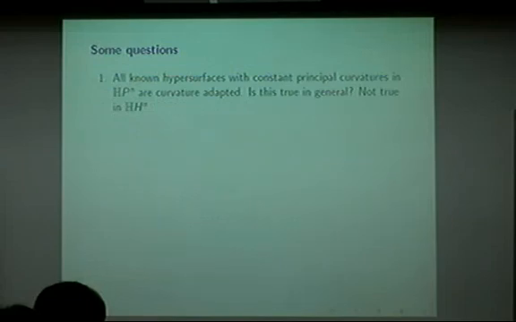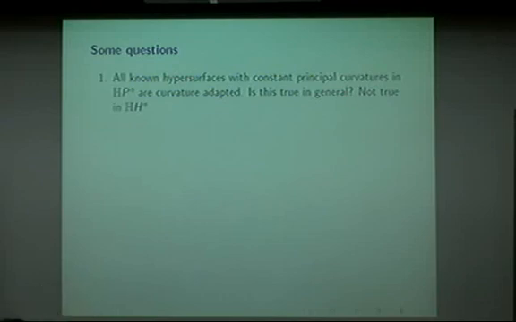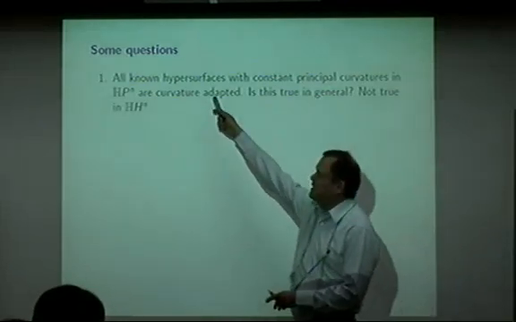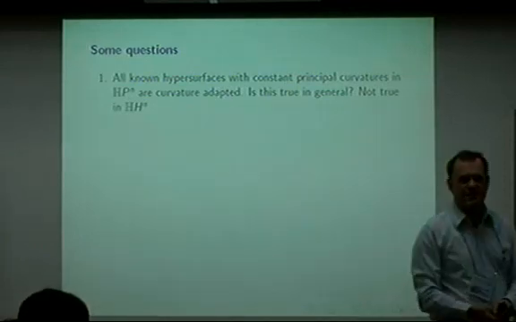So I want to summarize the questions which I raised here. All known hypersurfaces with constant principal curvatures in quaternionic projective space are curvature adapted. Is this true in general? If the answer is yes, then we know what all hypersurfaces with constant principal curvatures are, because we have the classification of curvature adapted hypersurfaces.